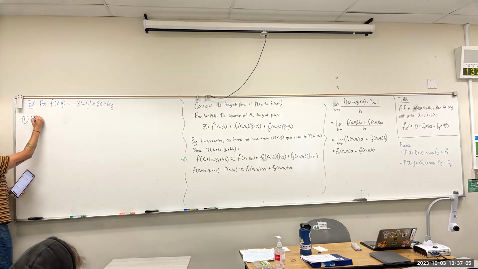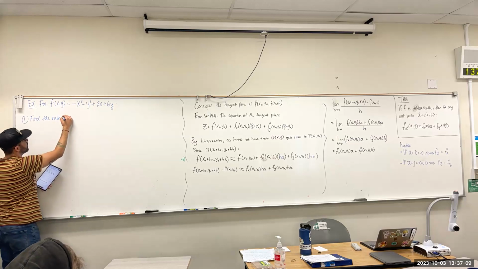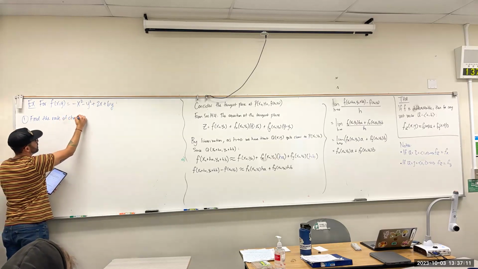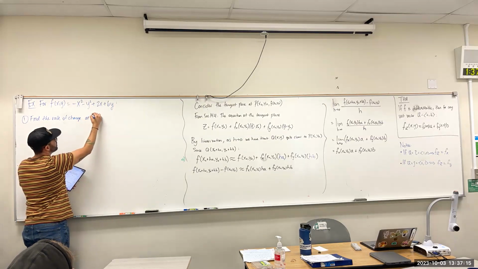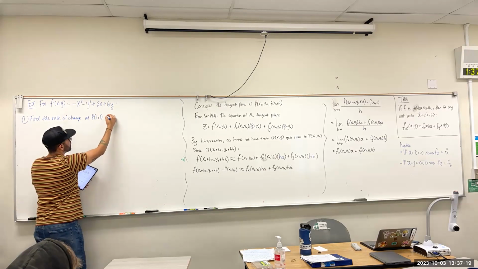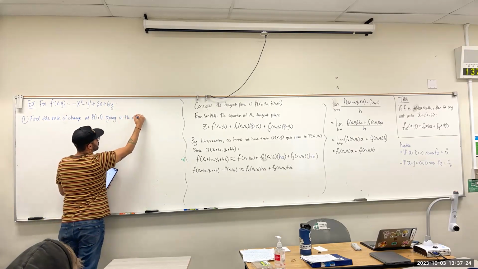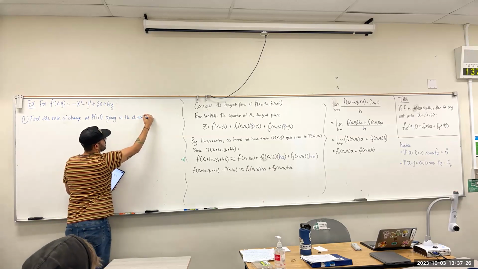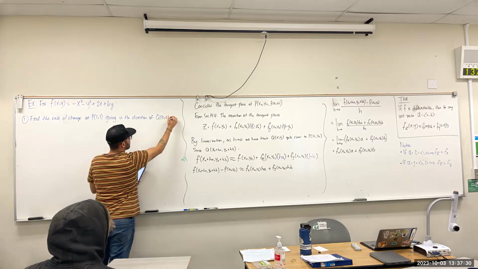Let's find the rate of change at the point P, which has coordinates 1, 1, going in the direction of Q, which has coordinates 0, 0.